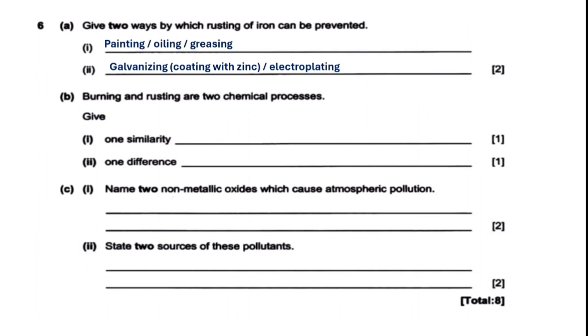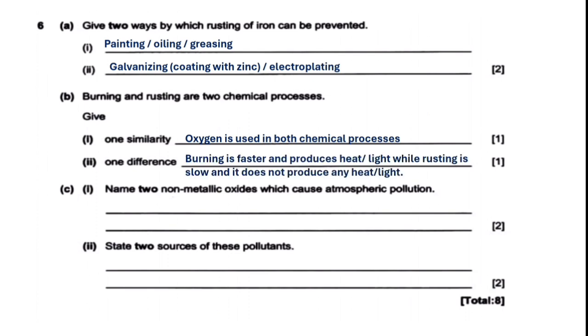So one similarity of burning and rusting is that they both involve what? Oxygen. They both involve oxygen. In both processes, oxygen is needed. All right. One difference is that burning is faster and produces heat.